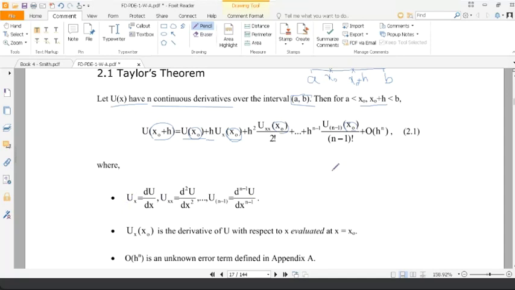But if u is a function of more than one variable, the derivatives of u are called partial derivatives.